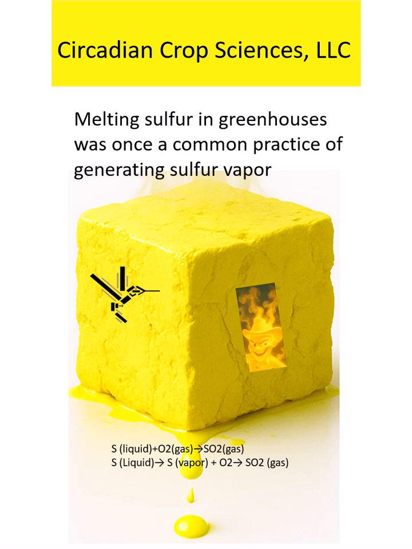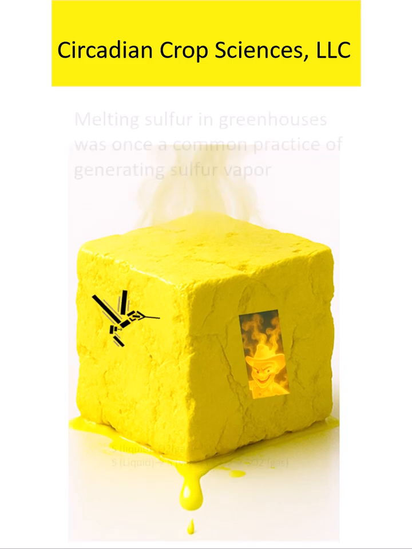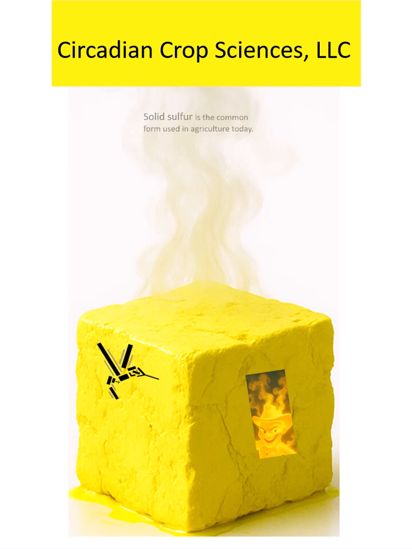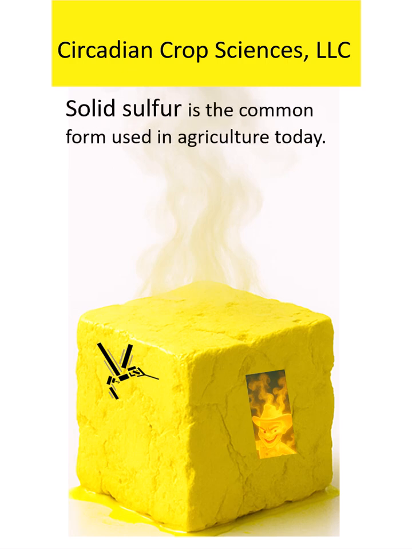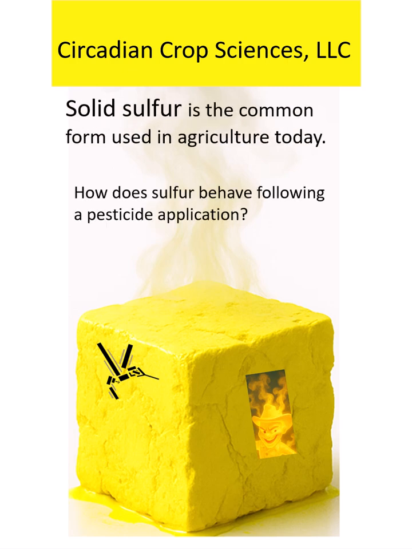Melting sulfur in greenhouses was once a common practice for generating sulfur vapor to control pests in greenhouses. Solid sulfur is the common form of sulfur used in agriculture today.